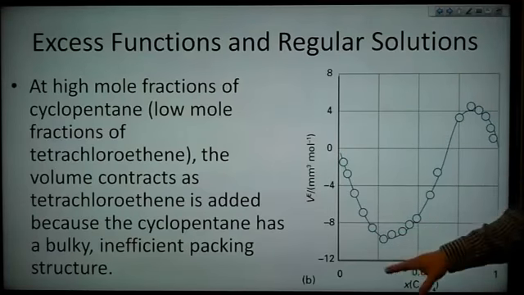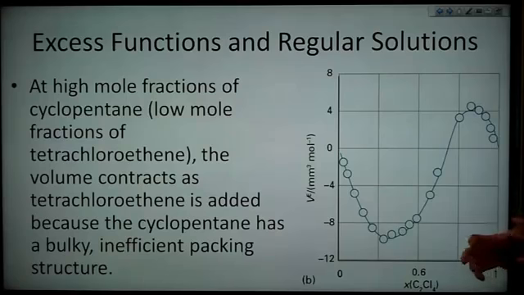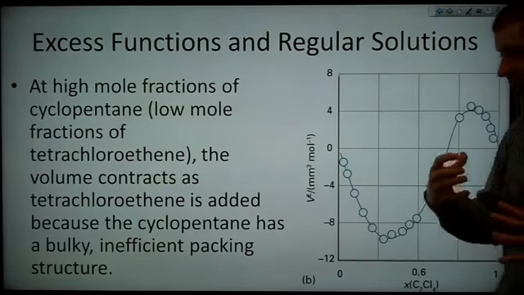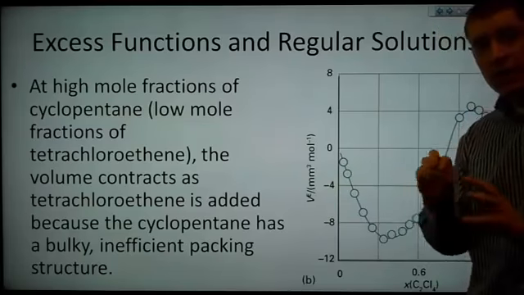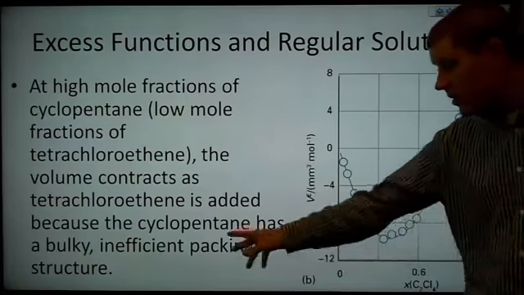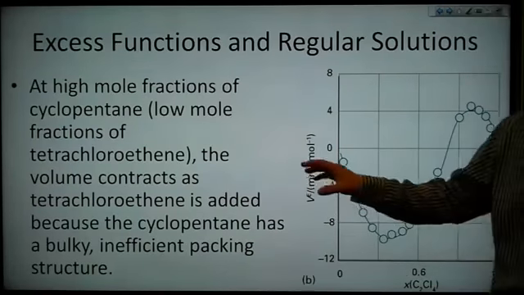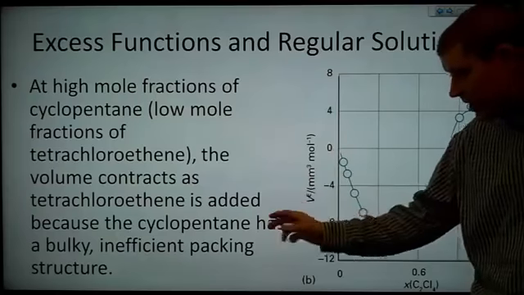As we add the tetrachloroethene, because now the cyclopentane has an inefficient packing structure, when we put our tetrachloroethene in, it's able to sit in some of the holes in our inefficient packing structure of cyclopentane.